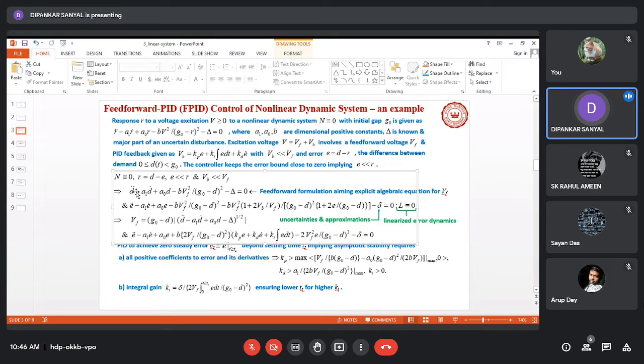So simply you can see d double dot minus e double dot is this r double dot term, d dot minus e dot is this r dot term, d minus e is this r term. Now instead of v, we have vf plus vb whole squared.